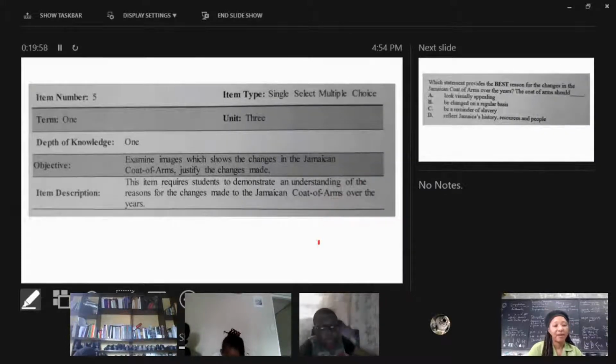Item 5, the objective is to examine images which show the changes in the Jamaican coat of arms and justify the changes made.